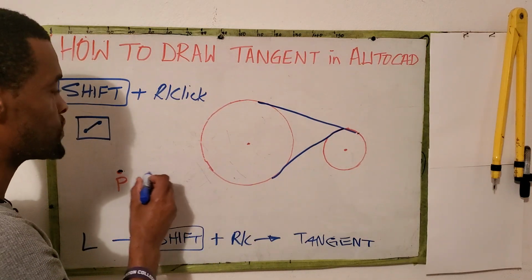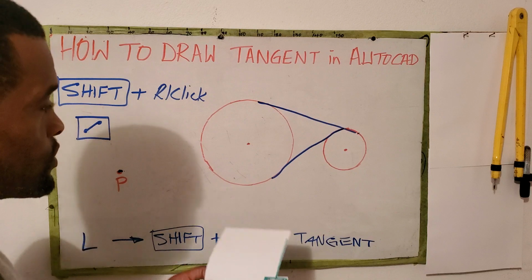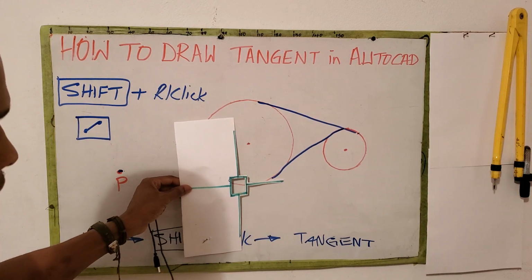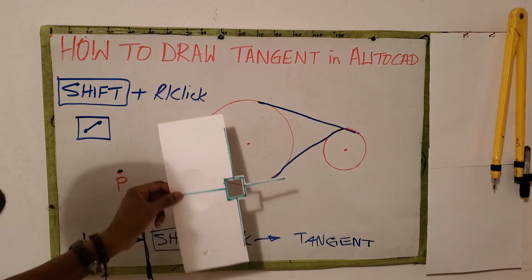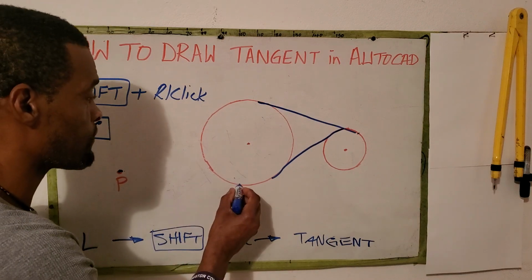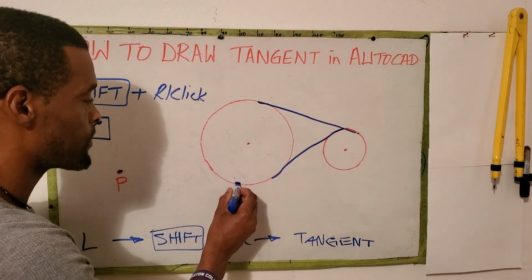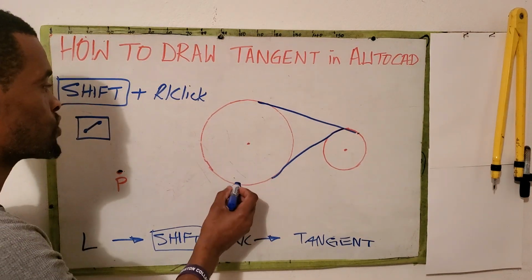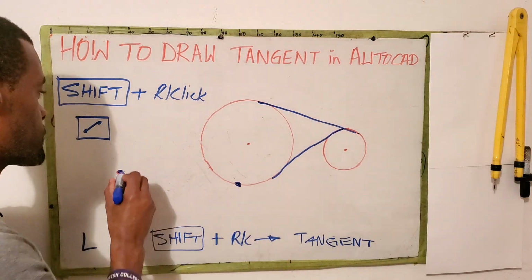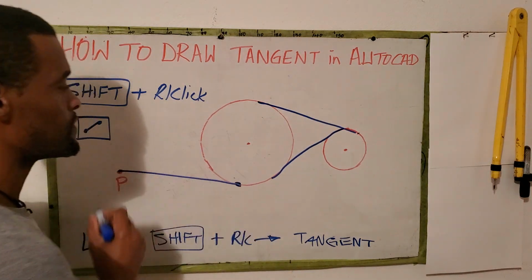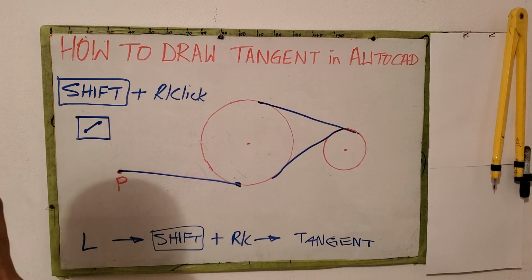If I want my tangent to be formed down here, I would go down someplace here, left click. And once you left click onto the circumference, the line will automatically snap onto the point where the tangent is to be formed. And that's pretty much that for how to draw a tangent.